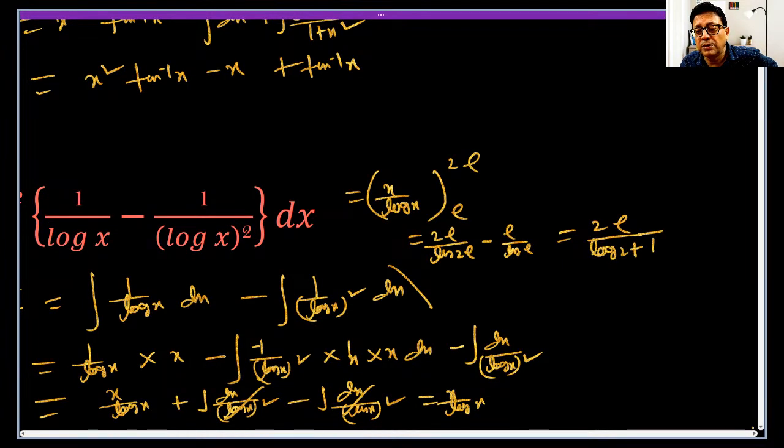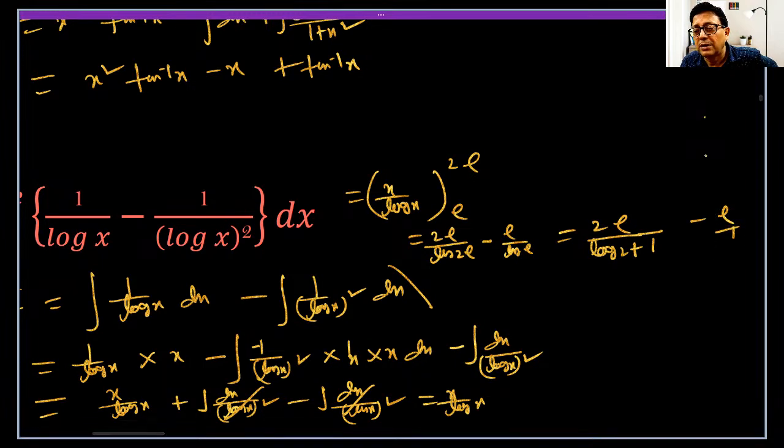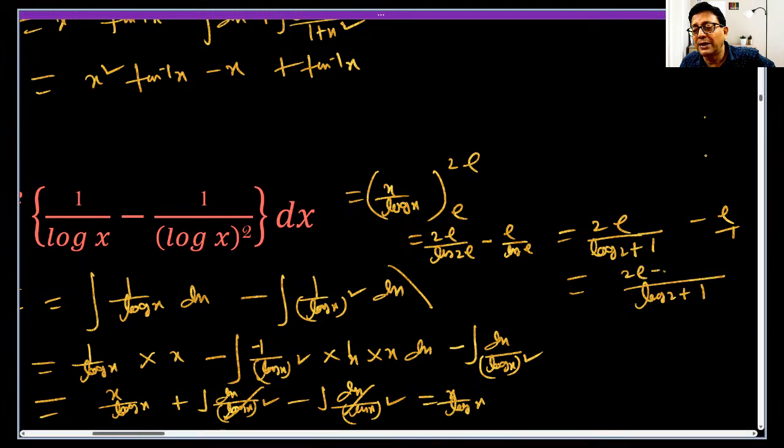Log e is 1, you know. e by 1. Now take log 2 plus 1 LCM. 2e minus e into.